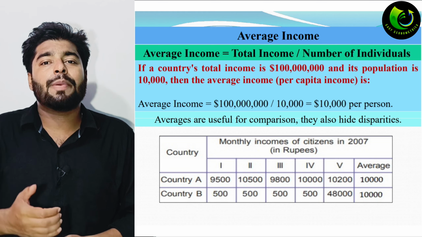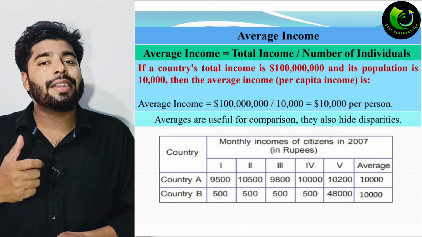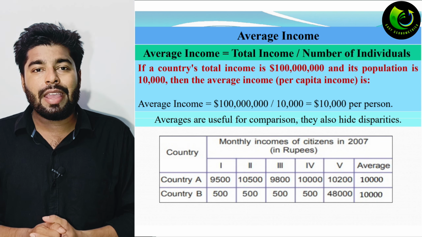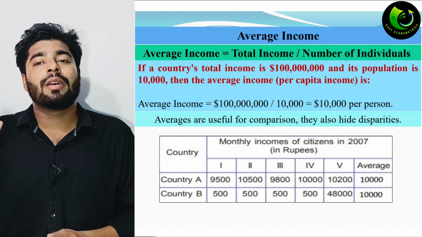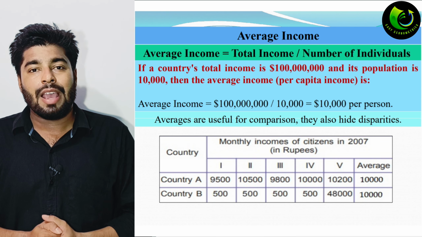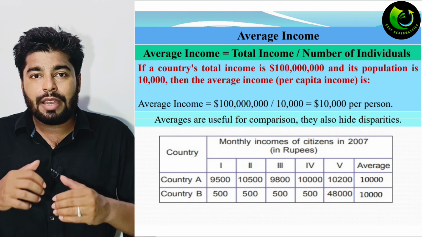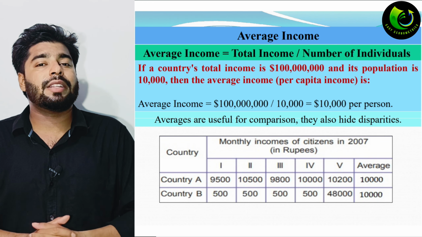Now this average income is good for comparison, but actually it hides disparities. Look into the diagram. Here, for country A, the monthly incomes of 5 individuals are given and their average income is 10,000. See, the distribution of income among the 5 individuals is more or less equal.